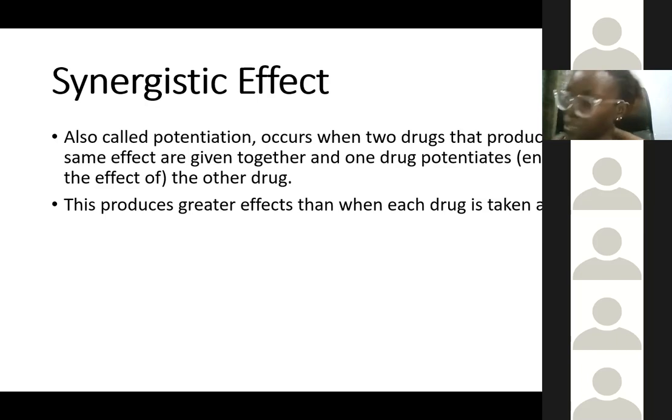Let me give an example. When you want to nebulize a child with asthma, you can give salbutamol alone, and it will achieve the desired effect of bronchodilation. You can also give ipratropium bromide alone, and it can achieve the same effect.